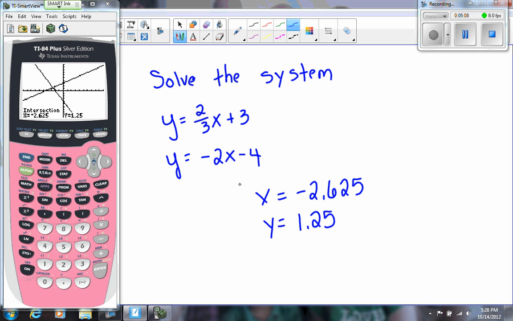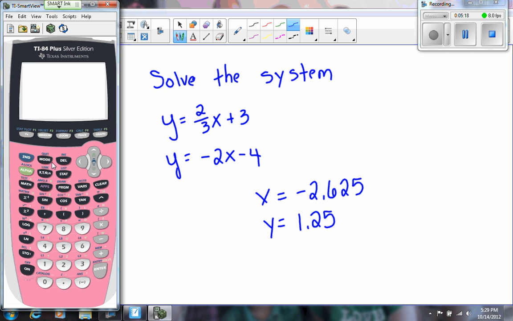Now, this actually stores this in the value of x. Let me clear out, if I go second quit, I'm back to just my main screen. If I type an x and hit enter, it temporarily stores that value, which could be handy because if I wanted to change it to a fraction, I can hit math, fraction, and if I hit enter again, now I get negative 21/8.